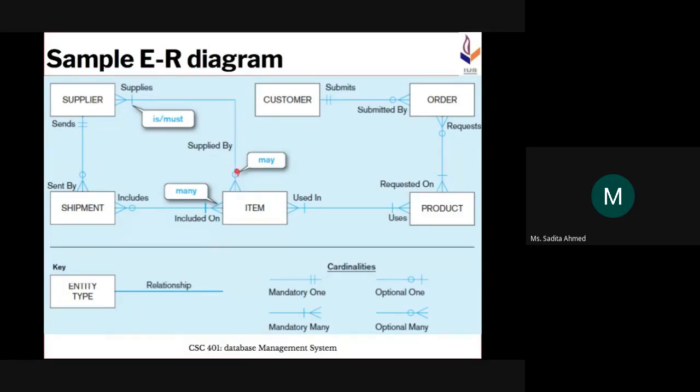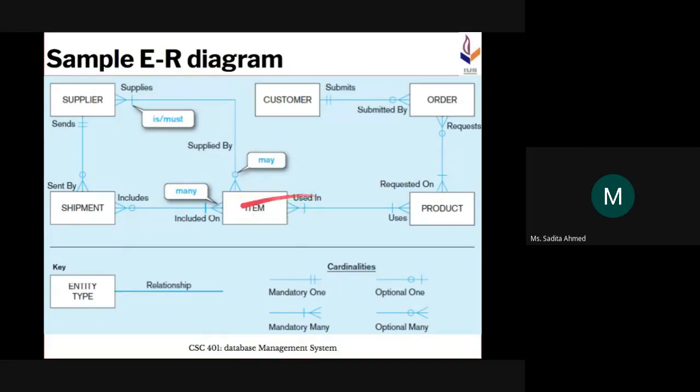So it's an optional participation, we call it an optional participation. A supplier may supply many items, so optional may, that is, there could be a supplier who has so far supplied no items, and also a supplier who has supplied many items, one item, two, whatever. So optional many, that is zero to many: the supplier has supplied either 0 items or many items, could be anything, okay?